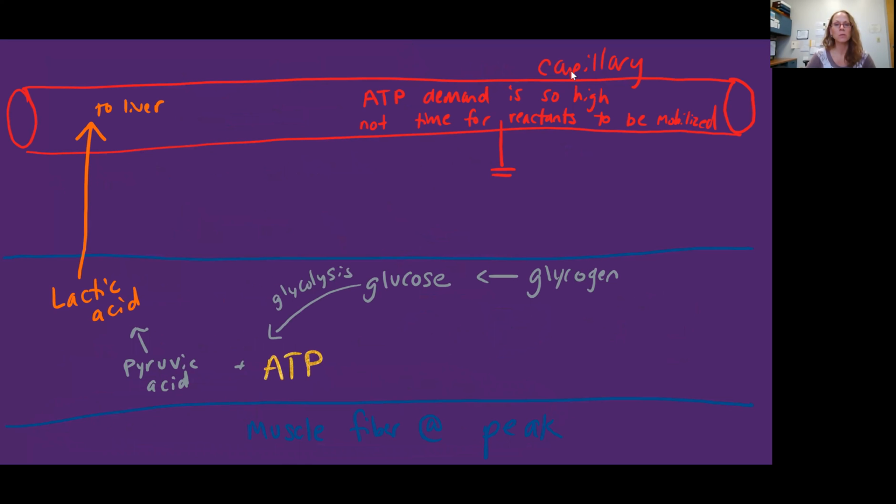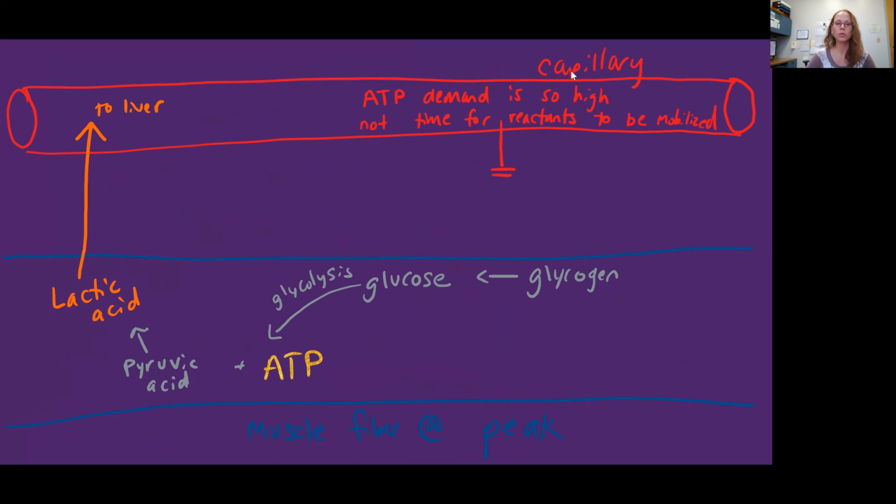Okay, so here is our same drawing. Now notice here, we're not able to take anything out of the bloodstream. We are limited to whatever has been stored inside of the cell. So primarily, you're going to think about glycolysis as your method for making ATP. So you're breaking down glycogen to give yourself some glucose.